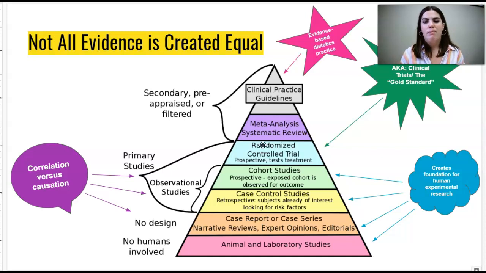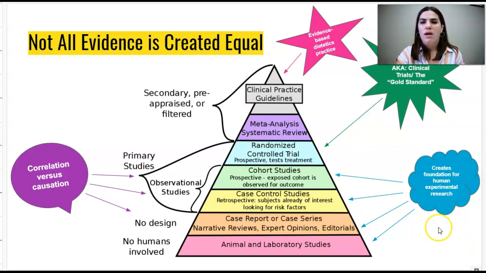And at that point, researchers can collect all of these different studies, read all of these articles that are published, and from that they can draw more wide-scale conclusions about that specific topic, and that can set the foundation for clinical practice guidelines.